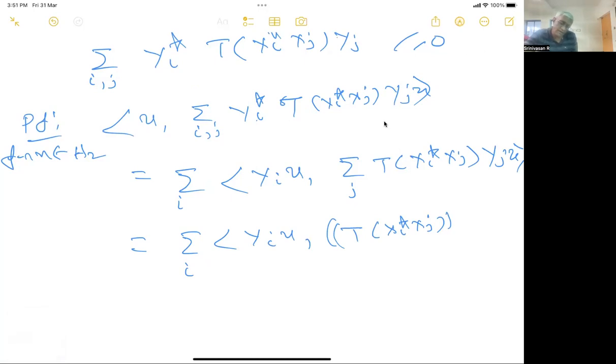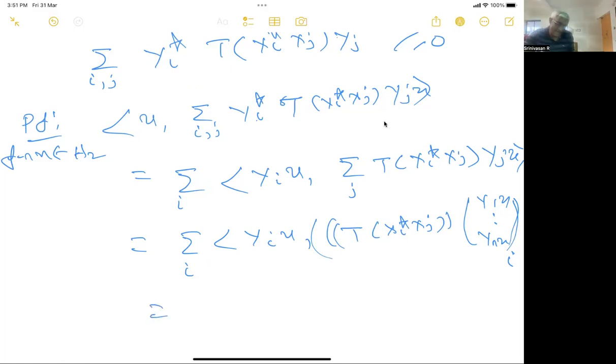You act it on this, y_1^u up to y_n^u. You take this, and this is the ith entry of that. You just sum over j. T of x_i star x_j is a matrix, and this is the ith element of that.